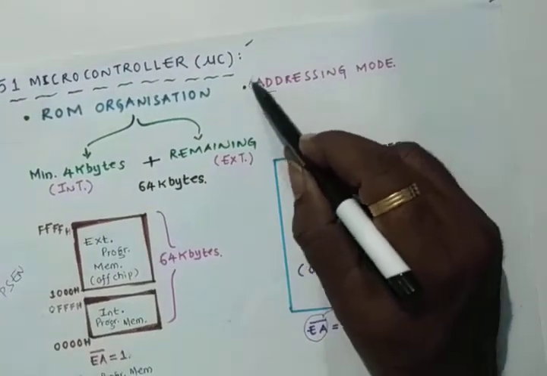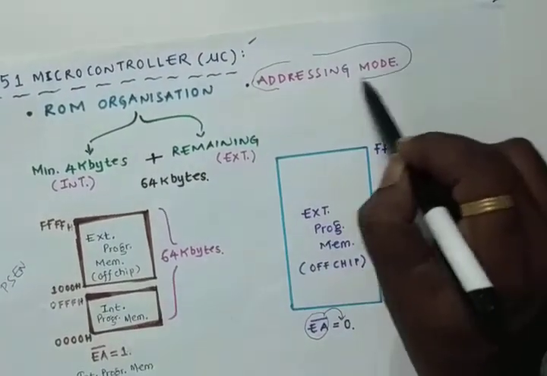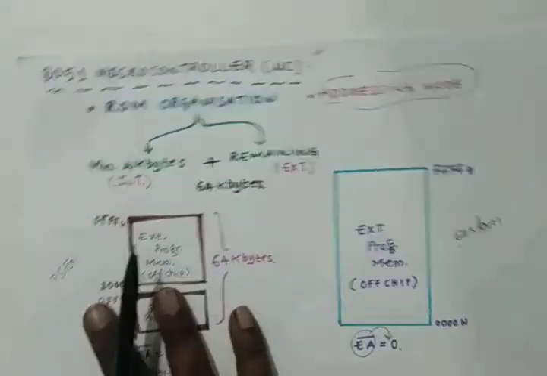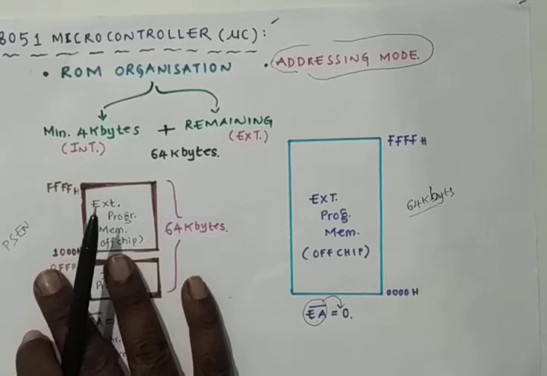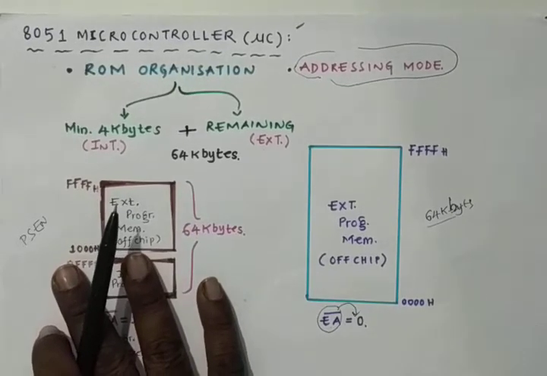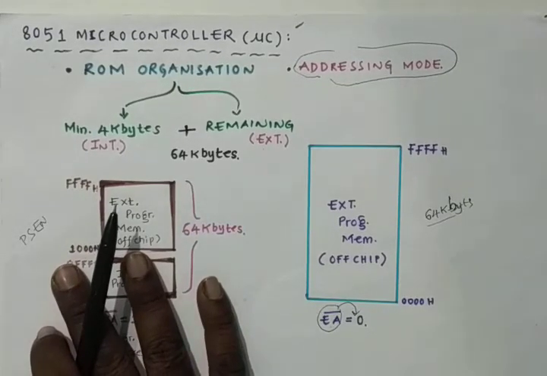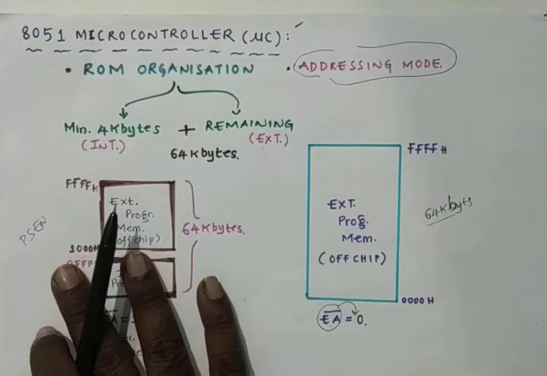Now the memory organization of 8051 is completed. Then we can go with the addressing modes of 8051. The addressing modes are very simple; we have already studied the addressing modes of the 8086 microprocessor in the first unit. The same things we have to recall here.